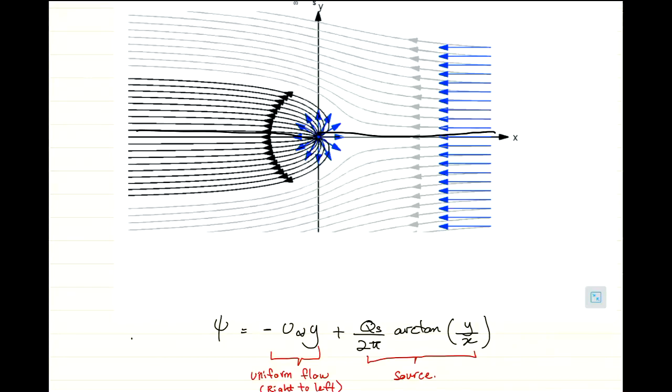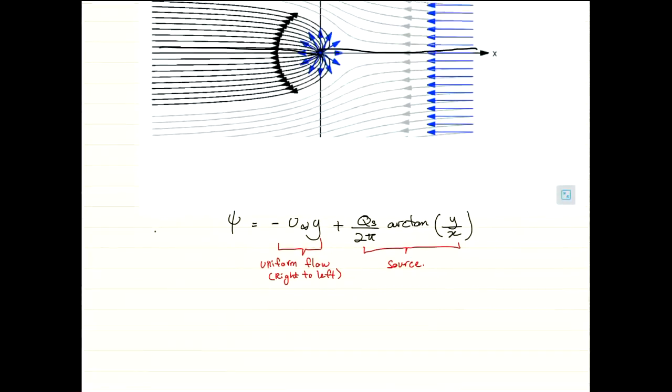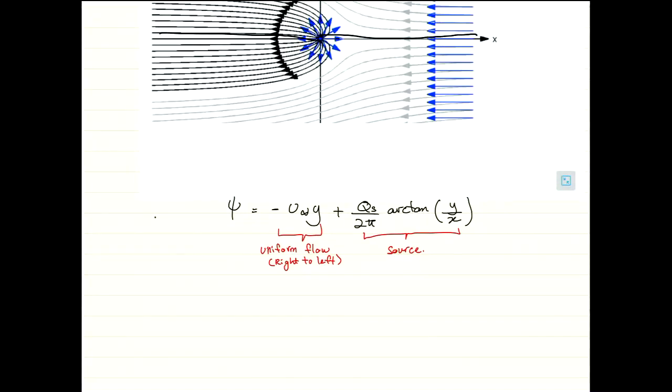Okay, if I want to plot the streamlines, what information do I need to know? What's the next step? What information can you get from your stream function? U and V. Okay, correct. So normally the next step is to find your velocities, U and V. Okay, so that's another step for you to find your stagnation points and then your separatrix.